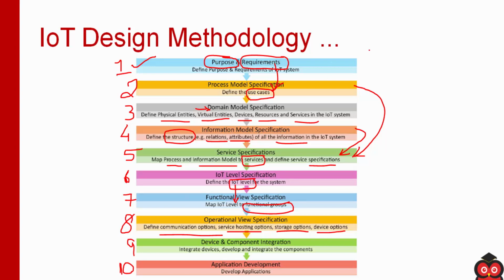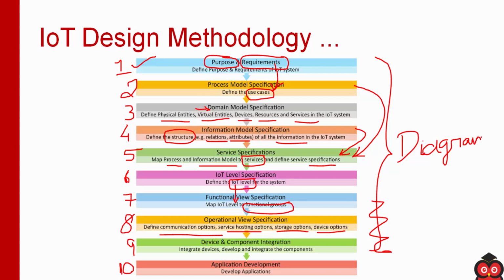Okay. So in all these steps up to, let's say, step 7, we will get diagrams. All the information is represented in the form of diagrams.